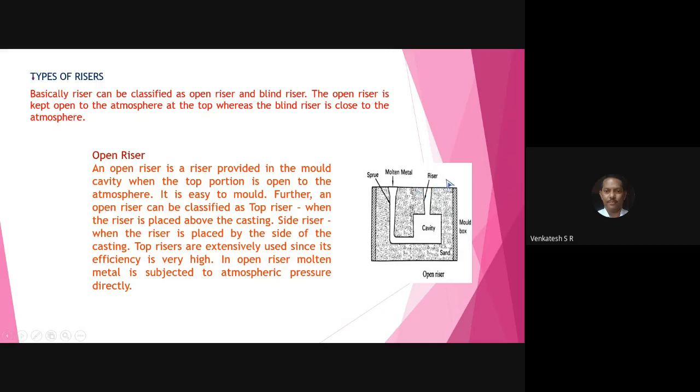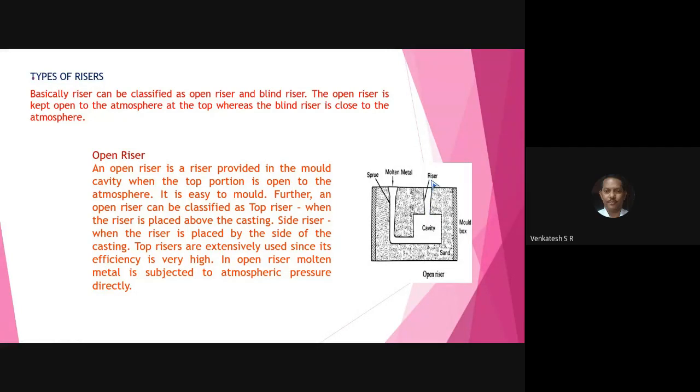Whichever water is filled in the overhead tank, simultaneously water is also filled in the air pipe. In the same way, if you pour the molten metal into the mold cavity, after completion of filling, the metal rises in the riser.